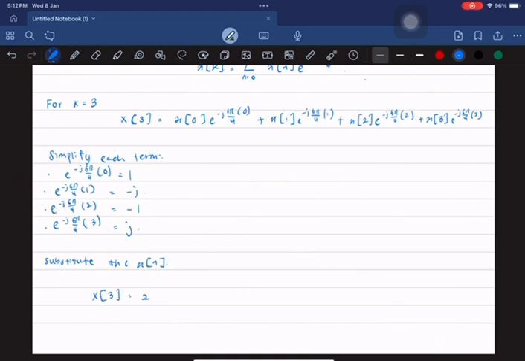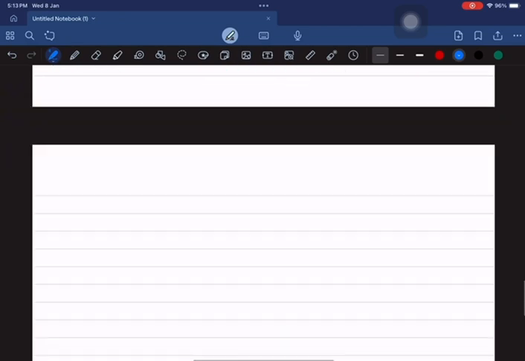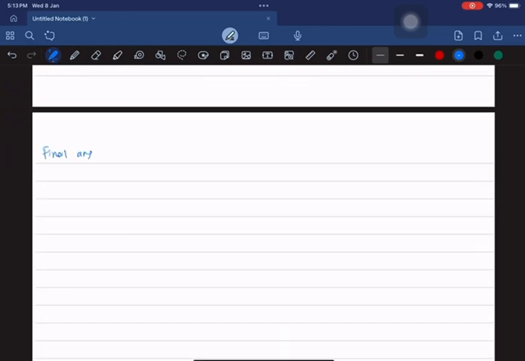X[3] equals 20.00 multiplied by 1, plus 19.80 multiplied by negative j, plus 19.61 multiplied by negative 1, plus 19.41 multiplied by j. These are the terms, and for the final answer we group the real part and the imaginary part.